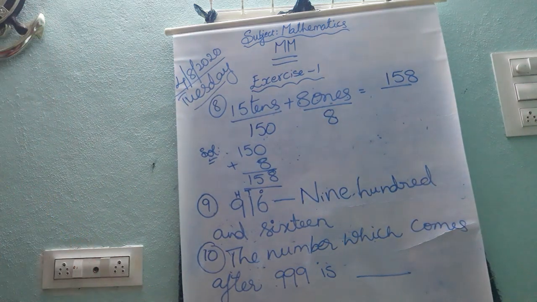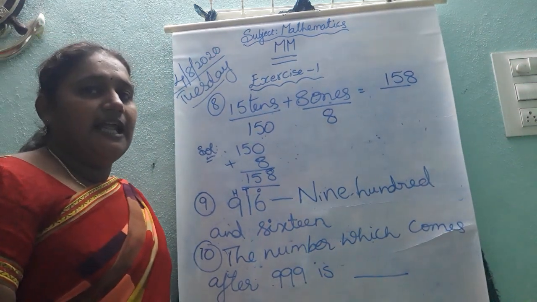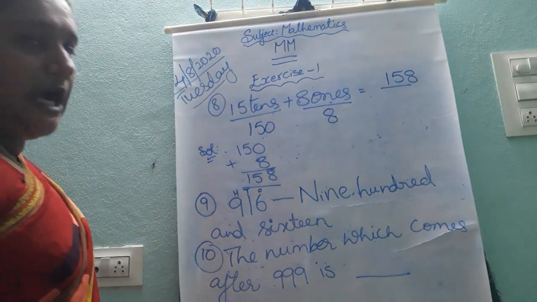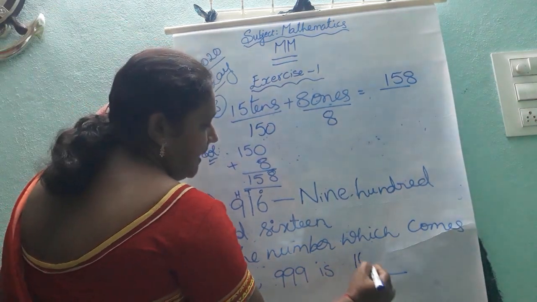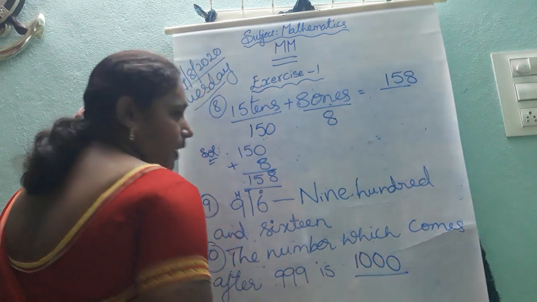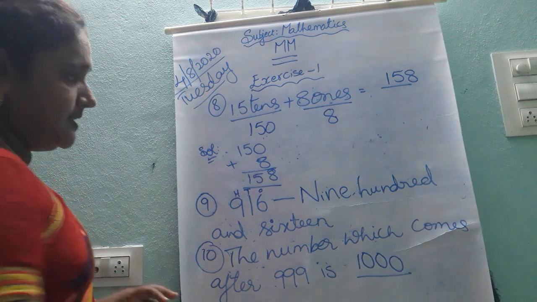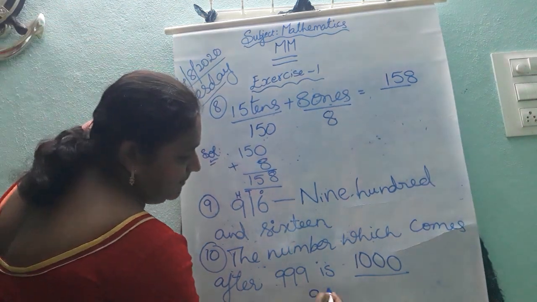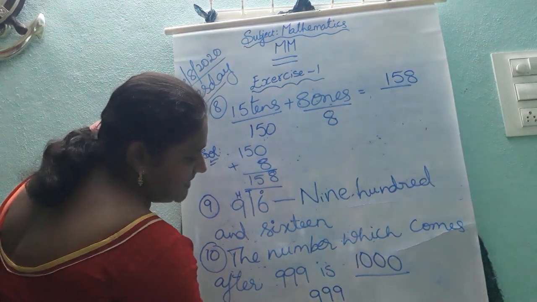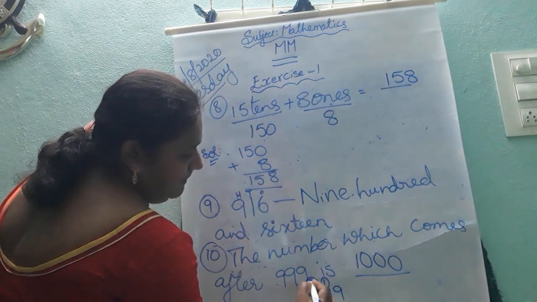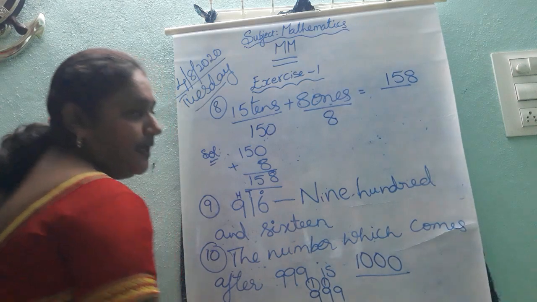What will you get after 999? 1000. If you know, okay. How will you find that? By adding 1 to the given number. 999 plus 1. 9 plus 1, 10. Here 9 plus 1, 10 again. Like that you can do it.